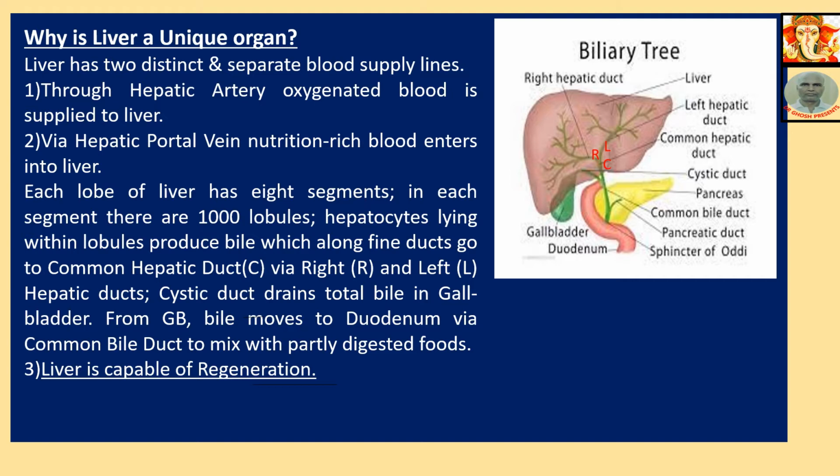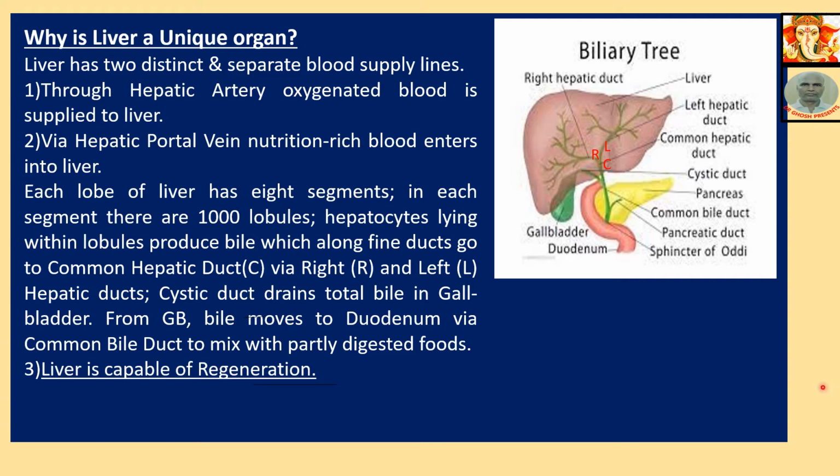This nutrition has been drawn from the intestine, where our food is being digested. So that nutrition rich blood comes through hepatic portal vein into the liver. This is the actual supply from our food to the blood.